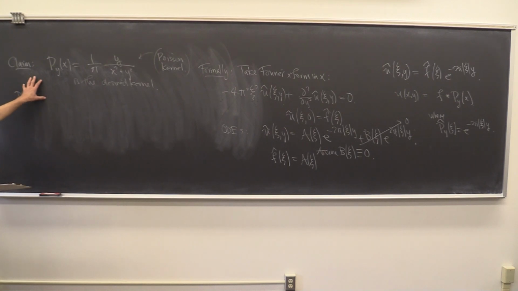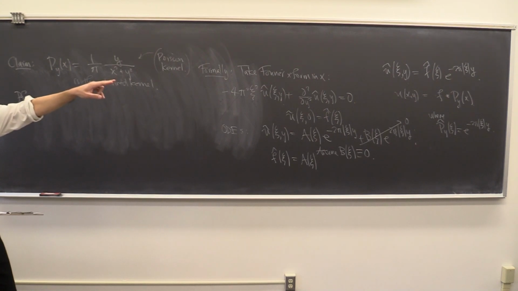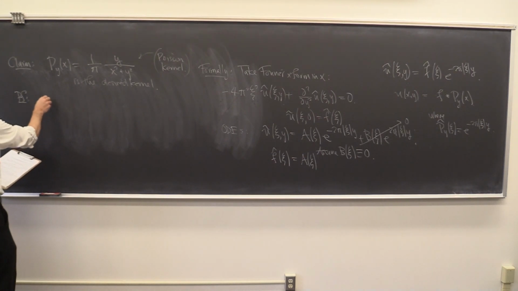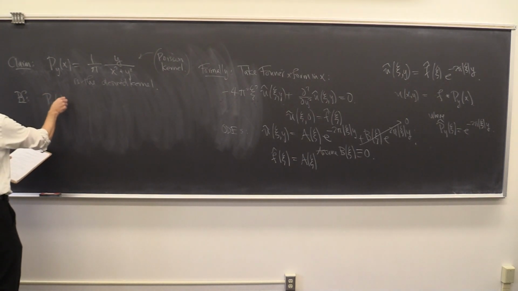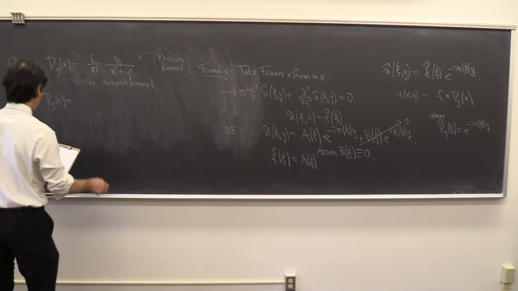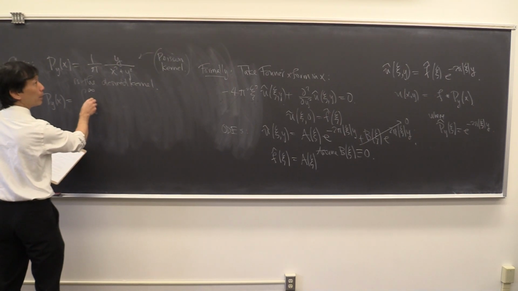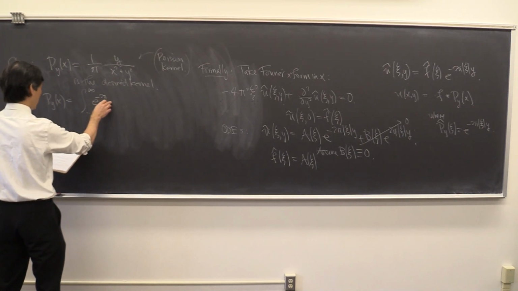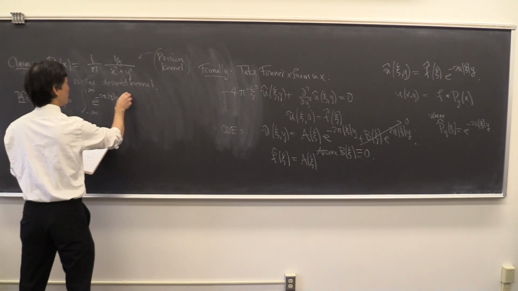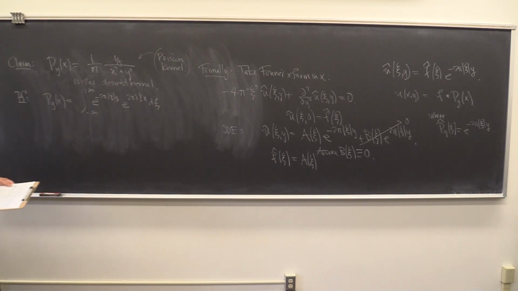It's not really a proof. It's just a calculation. We need to take the inverse Fourier transform of that kernel. So P of y should be the inverse Fourier transform, the integral of e to the negative 2 pi absolute value of c times y, times e to the 2 pi i c x, dc.